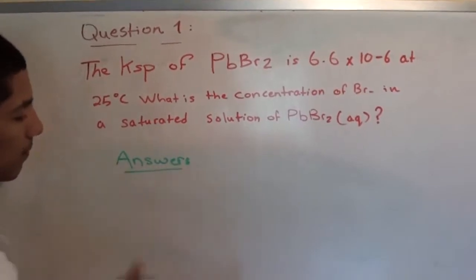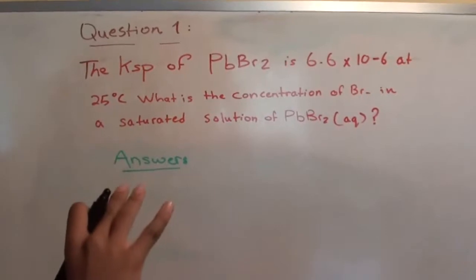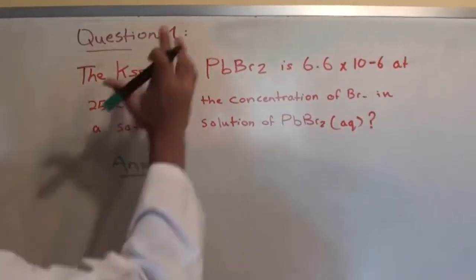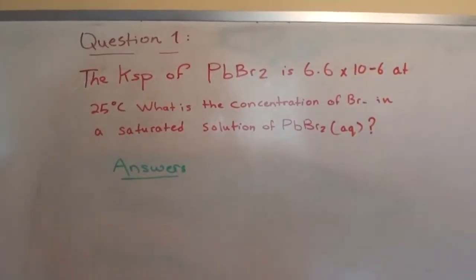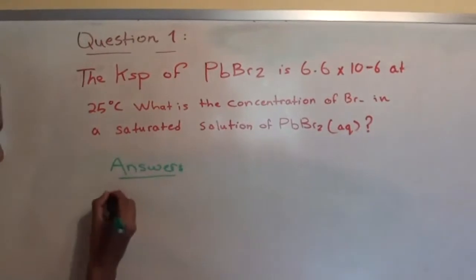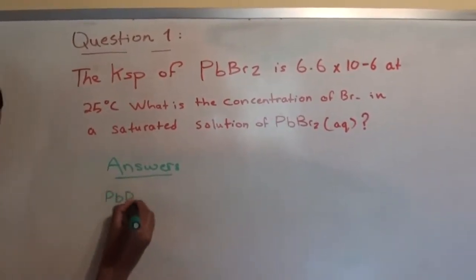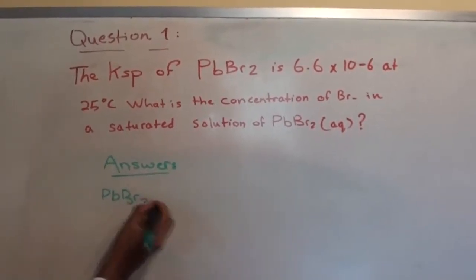First of all, so we can get the answer, we have to get the equation. We write an equation here from the question given, so we can do the rest, okay? For my equation, I'm going to write PbBr2, that's the first step, then Pb2+ and Br minus.